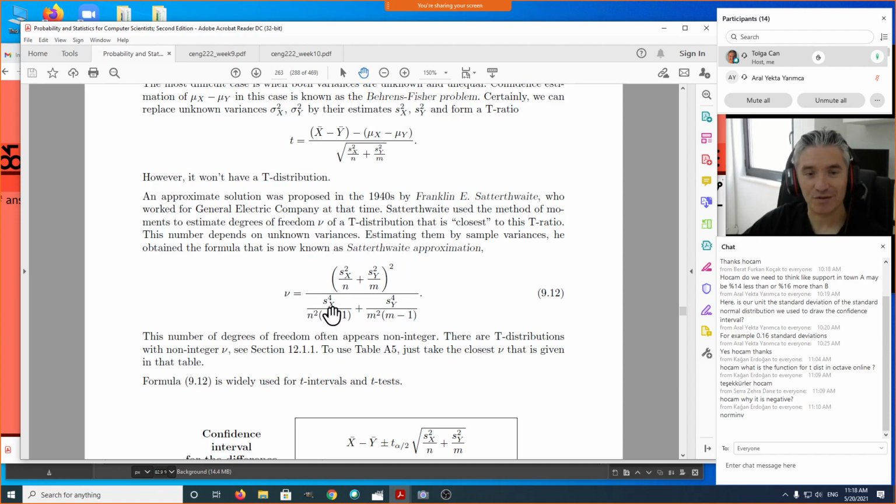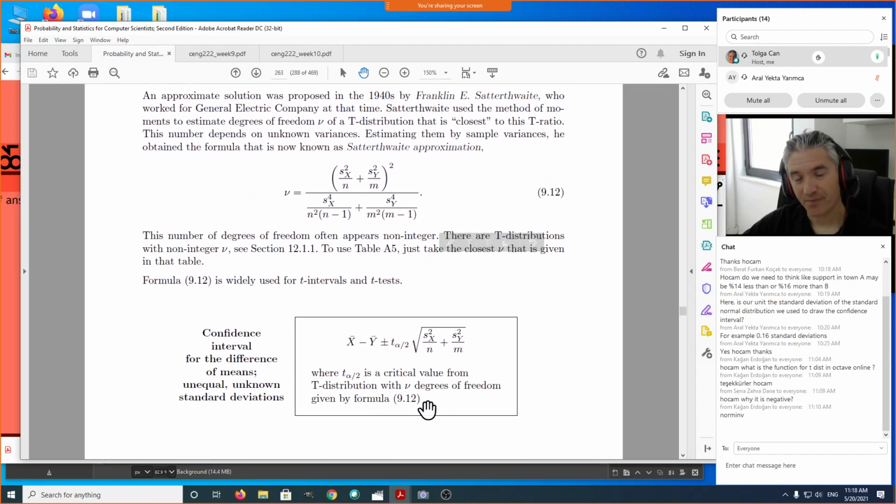So you're going to apply this by referring to 9.12. But as you can see, this part is exactly the same as what we did before. Instead of using the pooled standard deviation, we actually use the individual standard deviations and add them up like this.